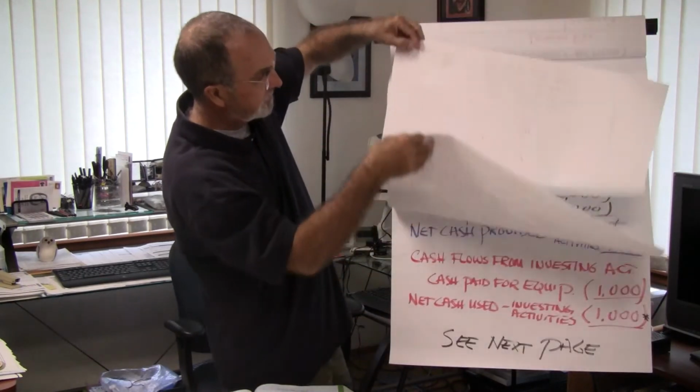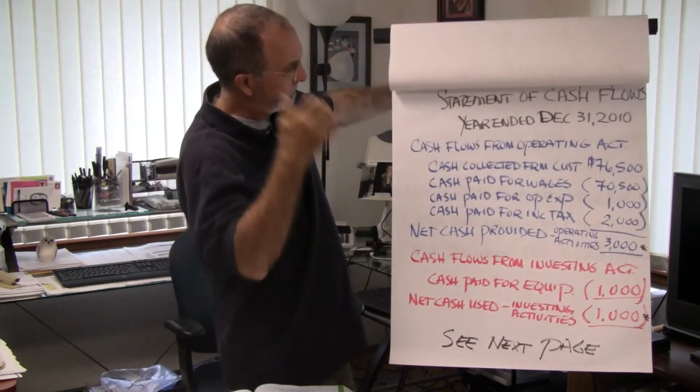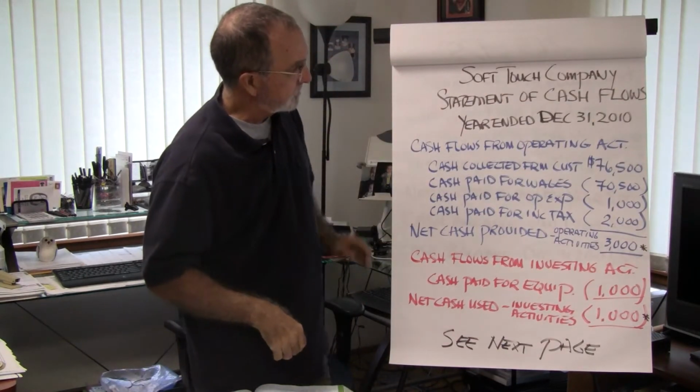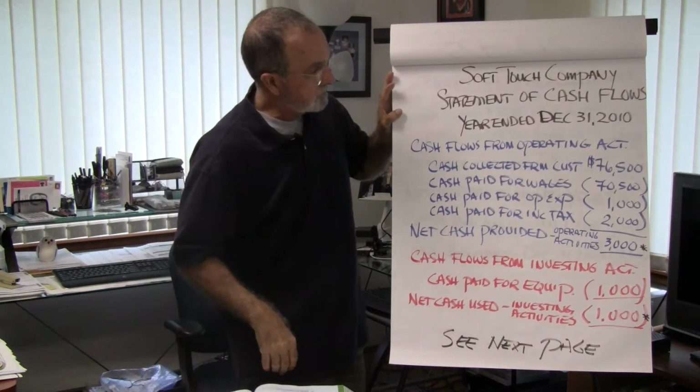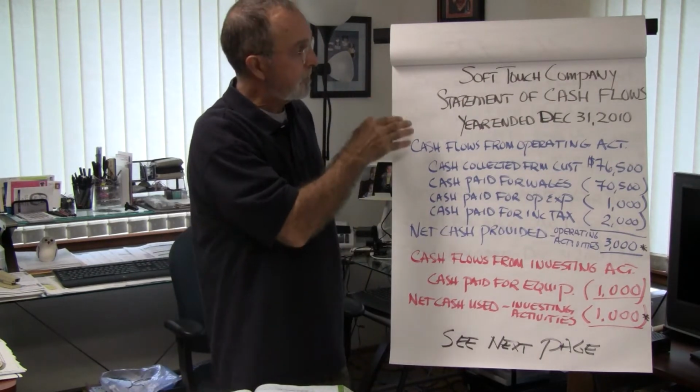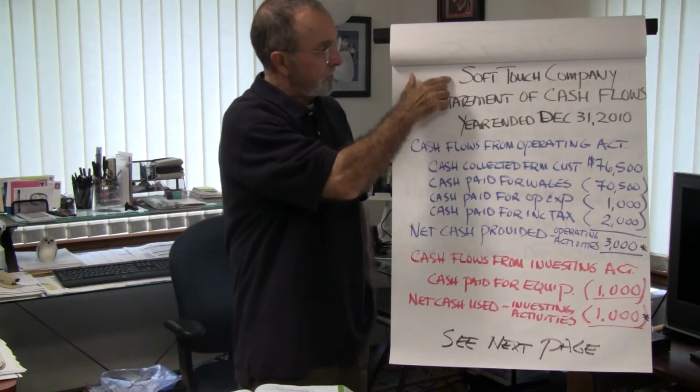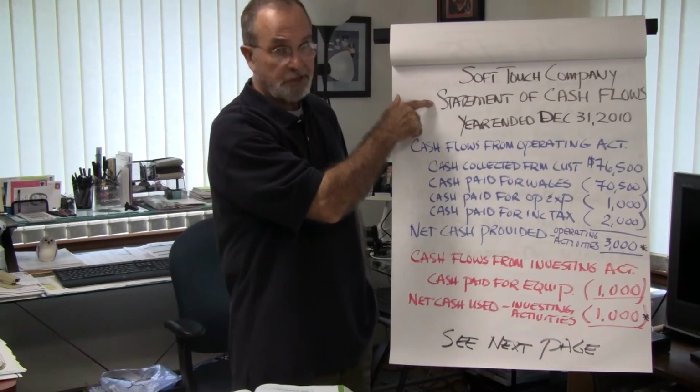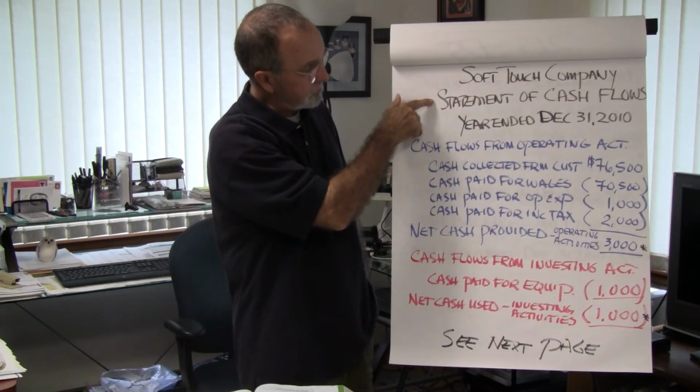And this is a relatively simple example of a statement of cash flows. Just like all of our other financial statements, at the top of the statement we show the company name, the name of the statement, which is statement of cash flows.